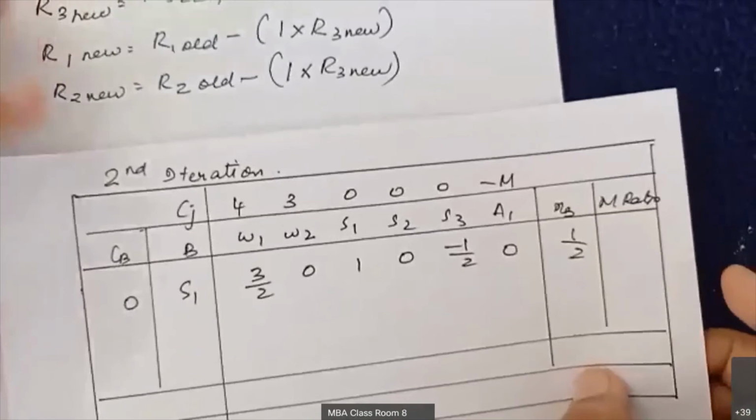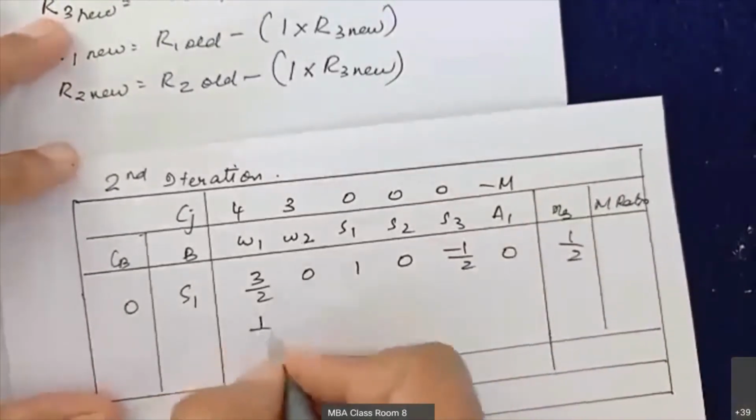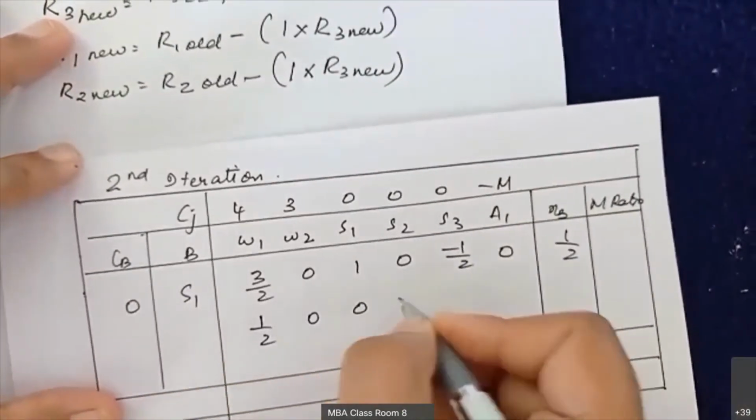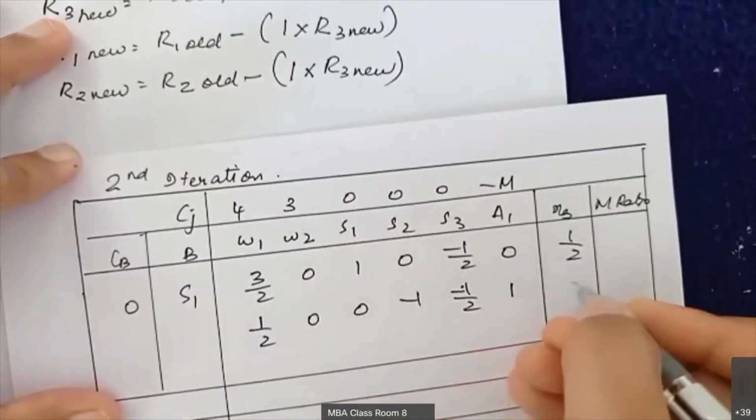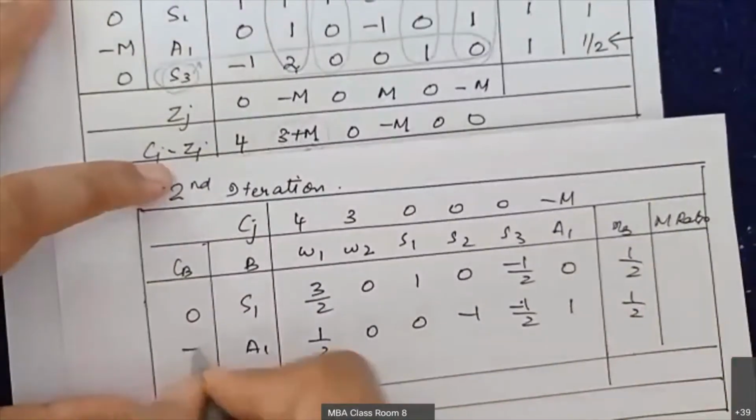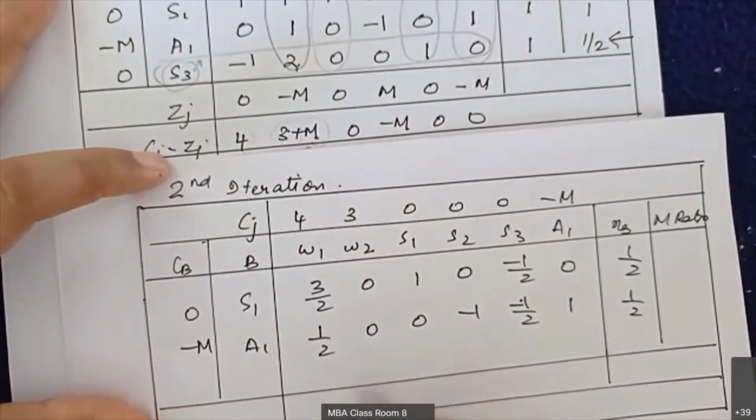I'm going to write the values of R2 new here to save time: 1 by 2, 0, 0, minus 1, minus 1 by 2, 1 and 1 by 2. Here I have A1 and minus M. Next, third row. Our operation is R3 old divided by 2. I'm going to write the values there: minus 1 by 2, 1, 0, 0, 1 by 2, 0 and again 1 by 2.